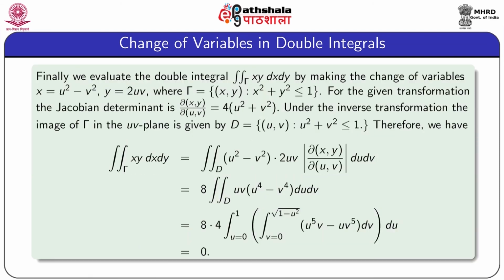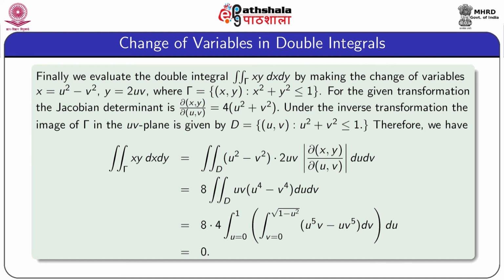Finally, we evaluate the double integral over gamma of xy dx dy by making the change of variables x equal to u square minus v square, y equal to 2uv, where gamma is the region in the xy plane bounded by the unit circle. Under the inverse transformation, the image of gamma in the uv plane is given by D equal to the collection of (u, v), where u square plus v square is less than or equal to 1.